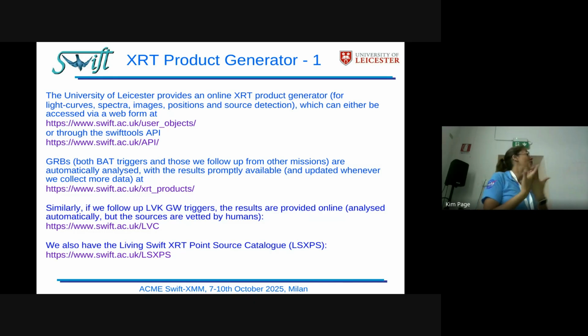So if Fermi has detected something and they want us to look at it, the light curves and the results will be there. Likewise, we follow up ones from SVOM these days and EP, Einstein Probe. So anything that is officially classed as a GRB will be under the XRT products page.